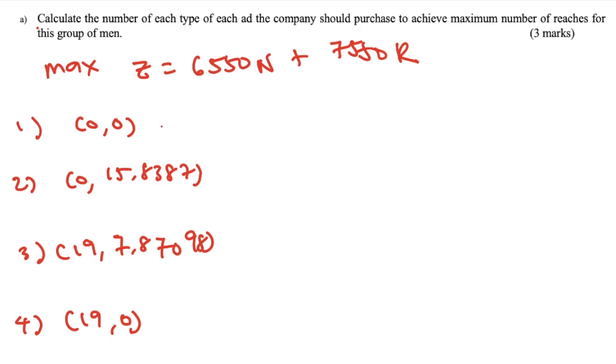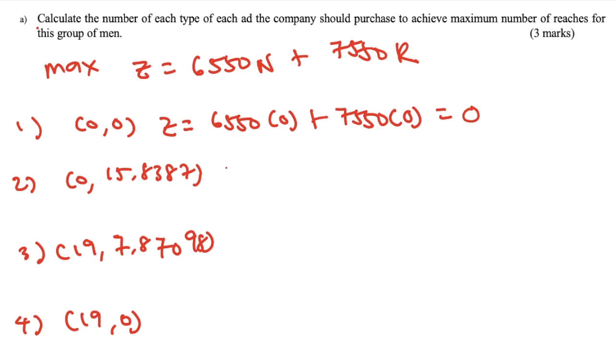It's actually you use Z equivalent to 6550, substitute n equal to 0, 7550 substitute r equal to 0, then you get 0. Okay. The second one, Z equivalent to 6550 times 0 plus 7550 times 15.8387.